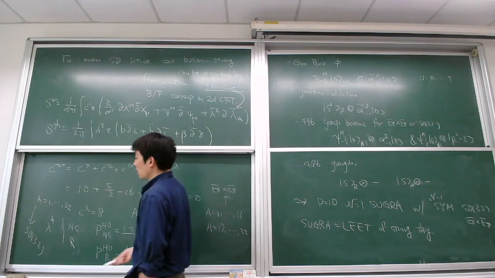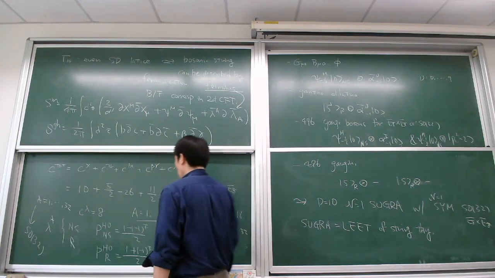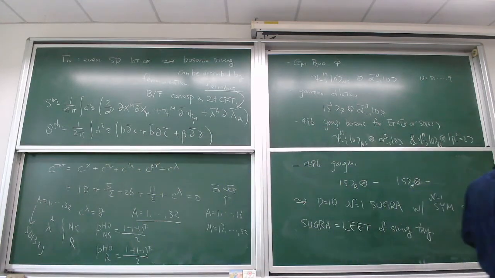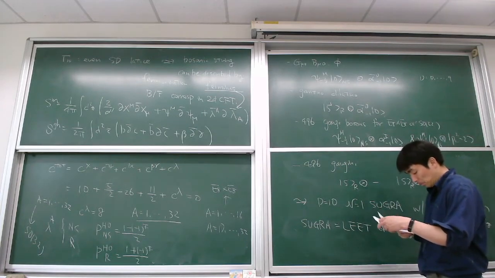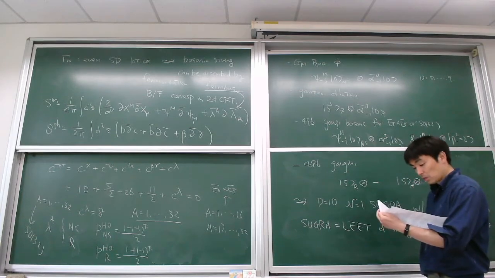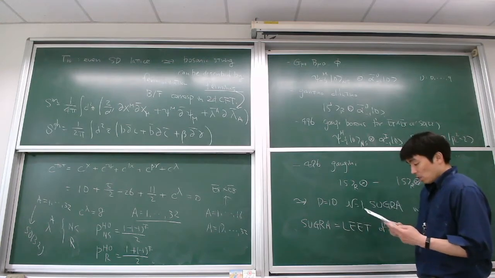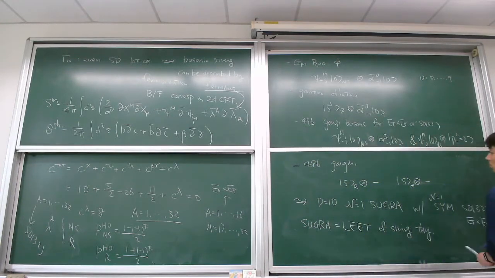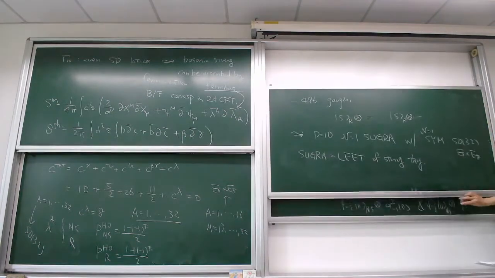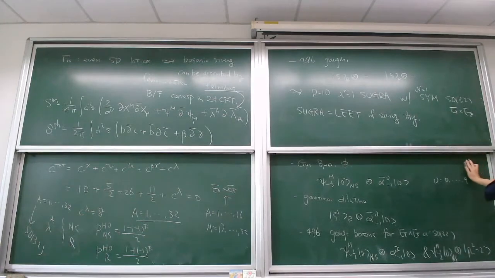So let's first look at the SO(32), which I call HO.